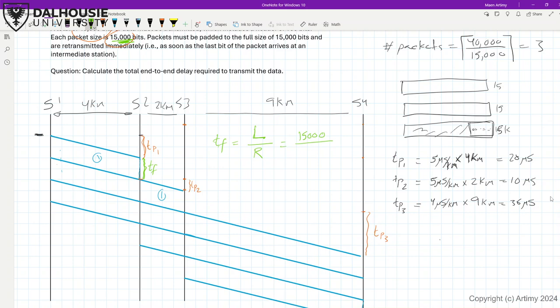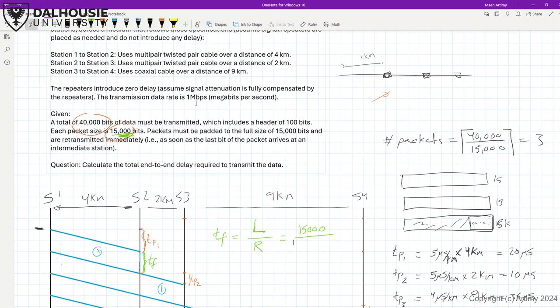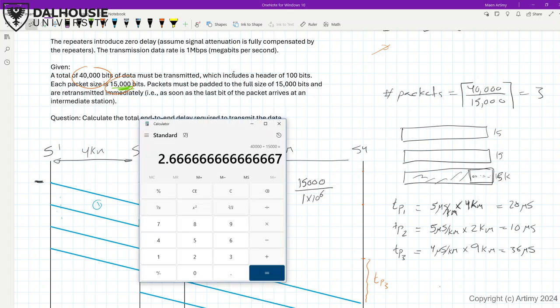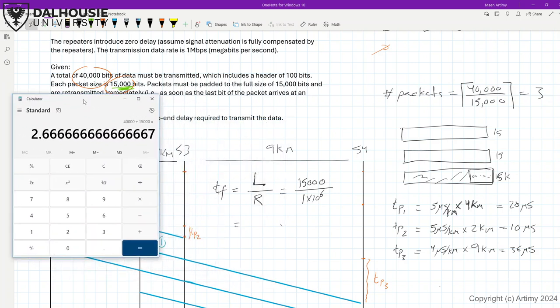So we have 15,000 divided by, also given to us, 15 megabits per second, the transmission rate. So that's one, it's a million. So 1 multiplied by 10 to the power of 6. All right, and if I do the math here, this will be 15,000 divided by 1 million.